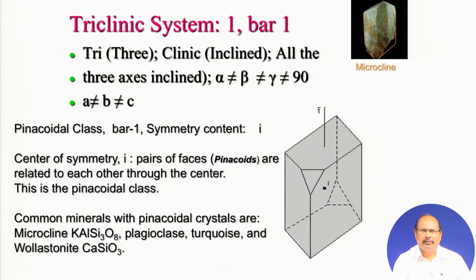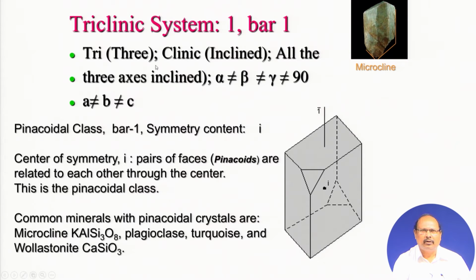Let us start with the triclinic crystal system, and in this crystal system two crystal classes are allocated. One is called 1 and the other is called bar 1. What is the meaning of triclinic? Tri means 3, clinic comes from inclined.